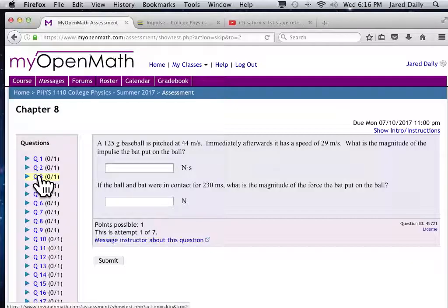So your final momentum is negative: negative 29 meters per second is the ball after the bat hits it, times the mass of the ball. Then I'm going to subtract off the initial one, which was positive, which was 44 meters per second, times the mass of the ball, right? So it's minus a positive. So this is going to be minus 73 meters per second times the mass of the ball, which is the change in momentum.